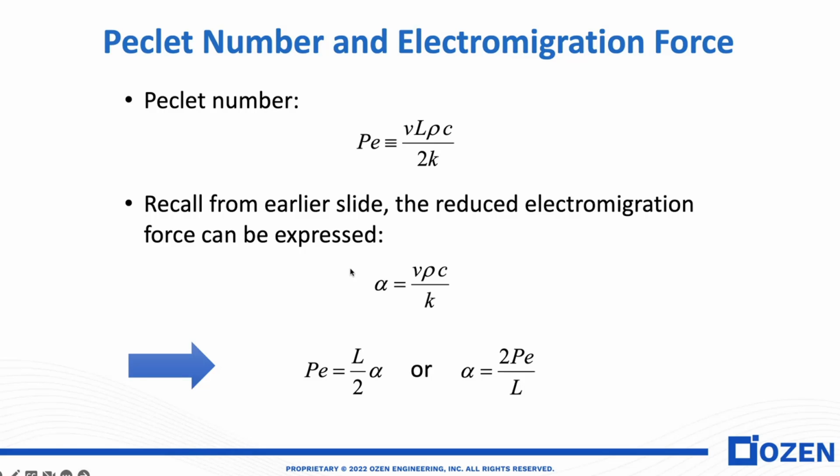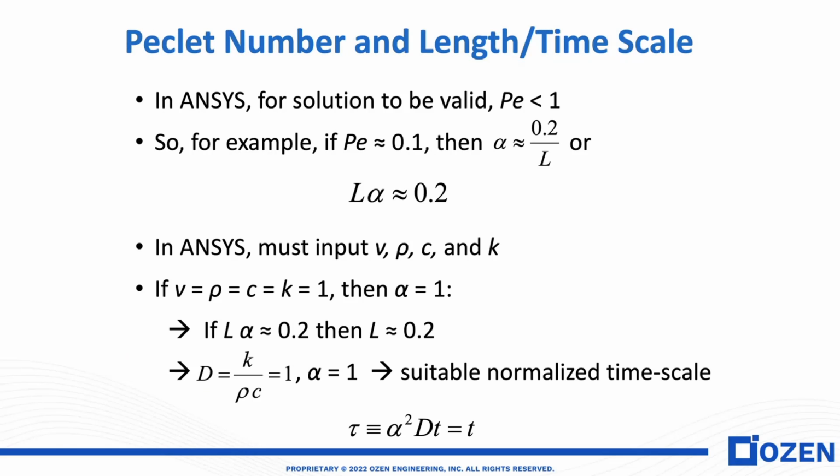As you can see from this formulation, alpha, the electromigration force, can now be represented as a function of the Peclet number. And alpha becomes 2 times the Peclet number divided by the current conducting length. So they are very much interrelated. And in Ansys Mechanical, for the time transient solution to be valid, the Peclet number needs to be less than 1.